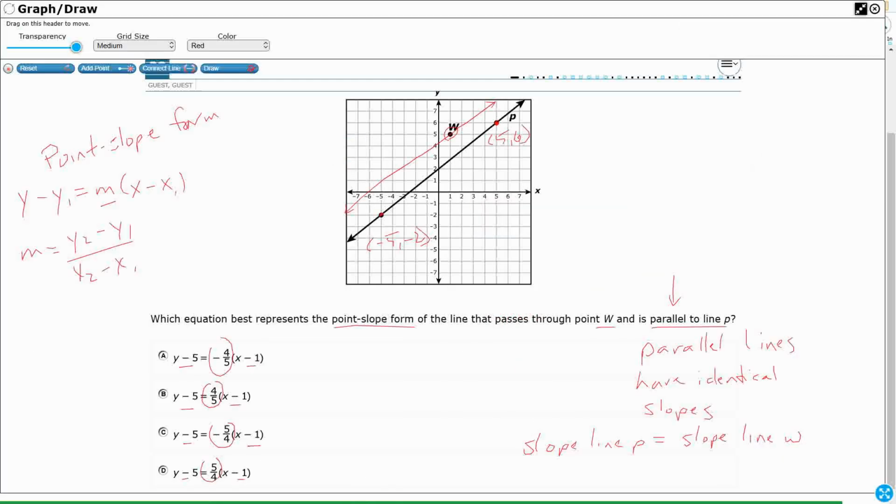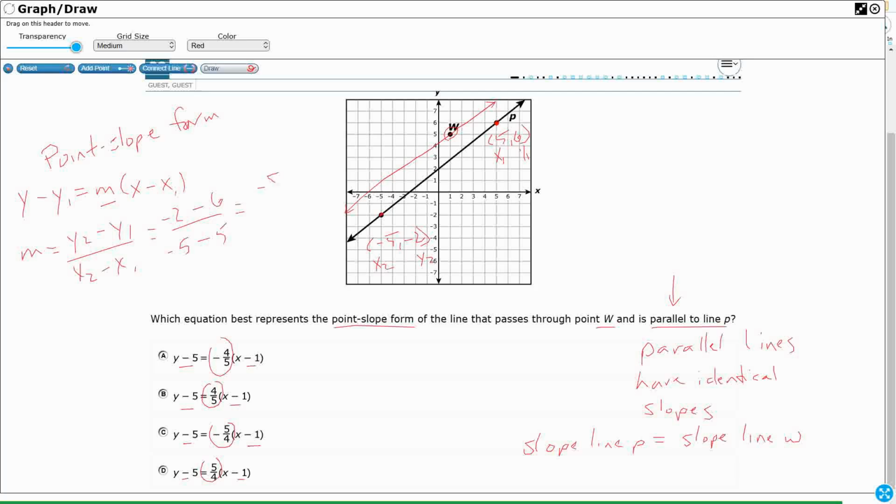So we can use that to find our slope. Let's label this x1 and y1, and let's label this x2 and y2. It'd be fine if you swapped it, as long as your x2 is with your y2 and your x1 is with your y1. So y2 is -2 minus my y1, which is 6, and x2 is -5 minus my x1, which is 5.